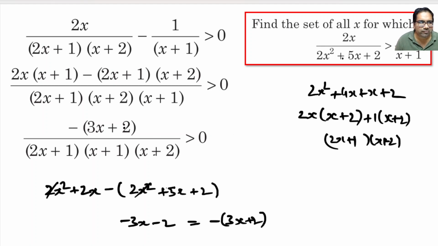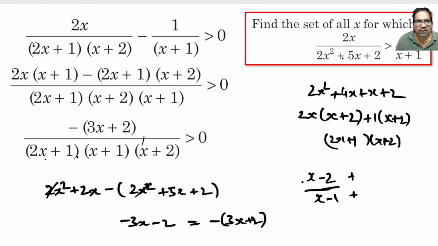Now clearly we have 4 terms, so this can change value. It can change from positive to negative whenever these terms change from positive to negative. For example, if we have (x - 2) by (x - 1), what does that mean? When x is greater than 2, both will be positive.